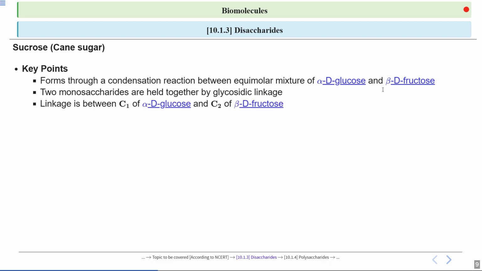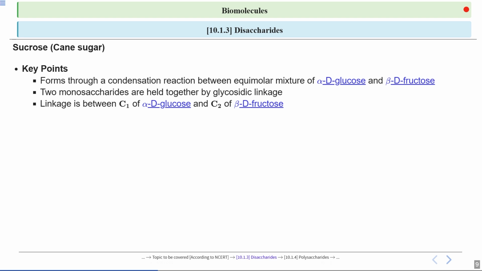Now, if you look more closely at this glycosidic linkage in sucrose, this bond forms between carbon 1 of alpha D glucose and carbon 2 of beta D fructose. So this is important: it is a linkage between carbon 1 of alpha D glucose and carbon 2 atom of beta D fructose. This specific connection is what gives sucrose its unique properties and structure.